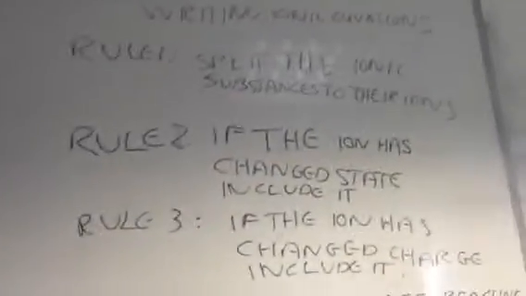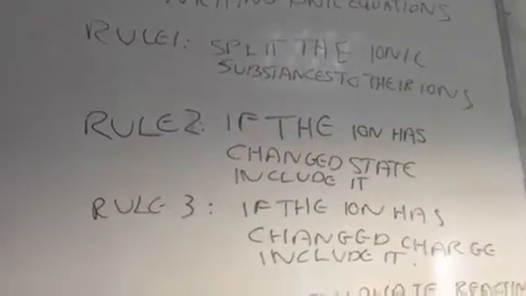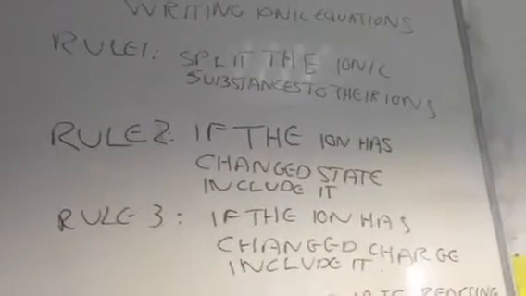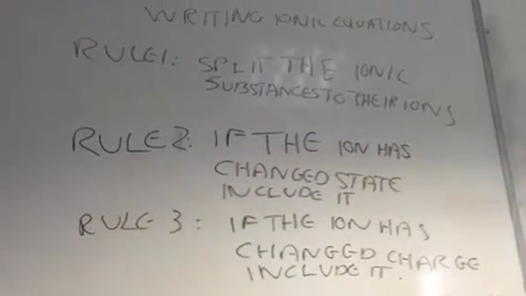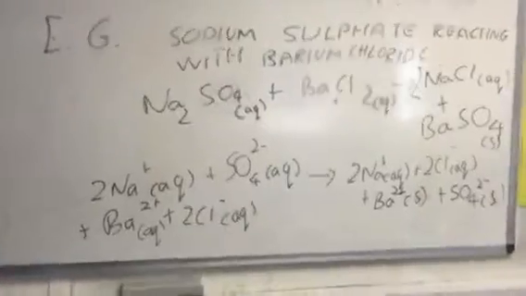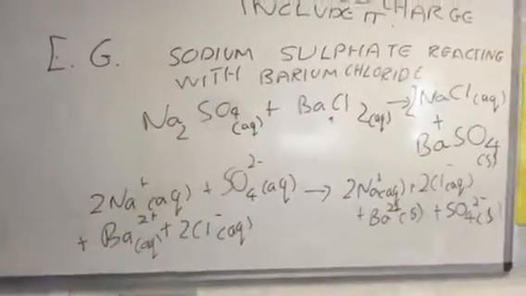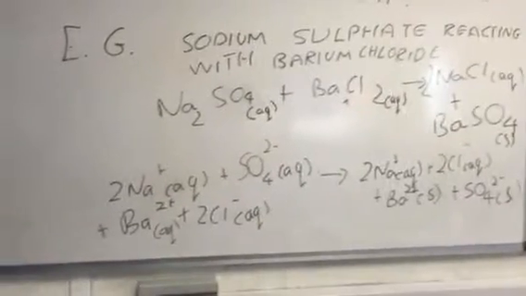So, once I've split my ionic substances up, my second rule is, if the ion has changed state, include it. If the ion has changed charge, include it. So, I can look at my different ions, and I can see that the sodium ion has started off as a 1+ charge, and it's ended up as a 1+ charge.